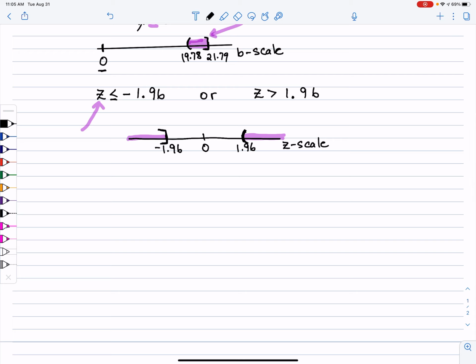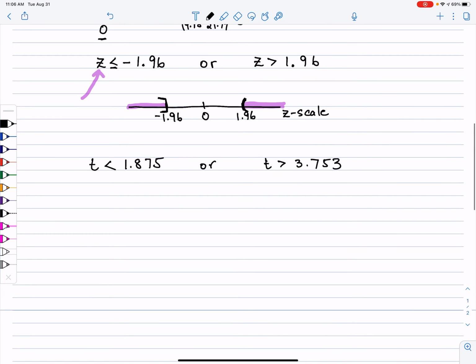Let's say we have another example like this. So let's use a t-scale. So we'll do t is less than 1.875 or t is greater than 3.753, something like this.